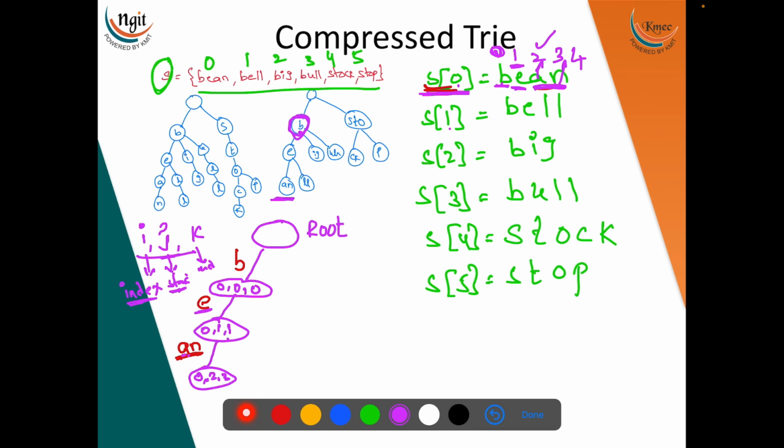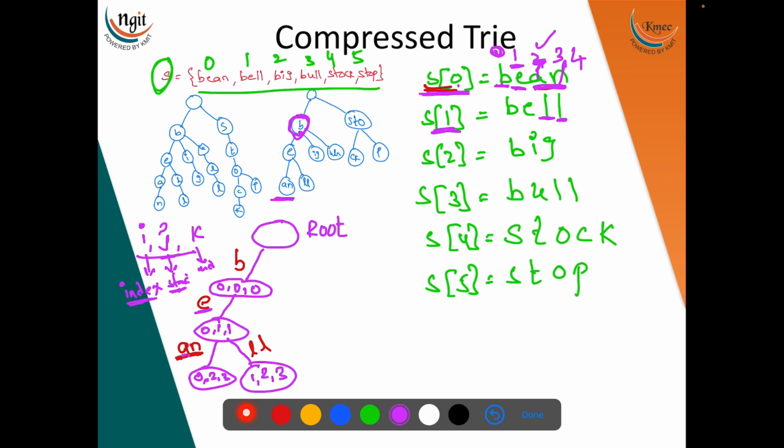Now let's see LL, from bell. LL belongs to 1 index, so 1 comma. L has started in the second and ended in the third. So 1, 2, 3, bell is done.